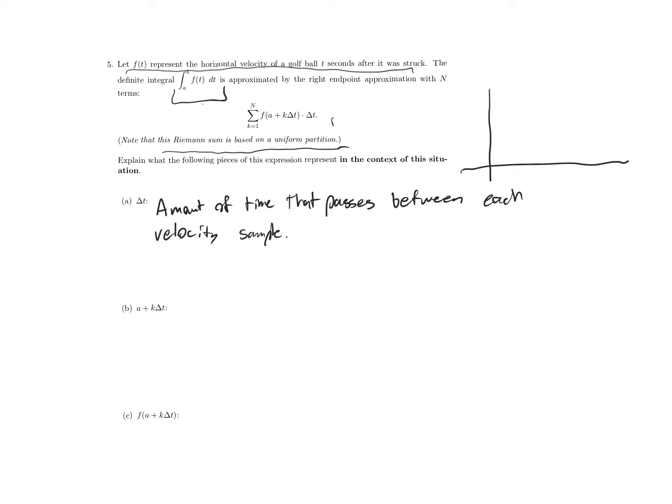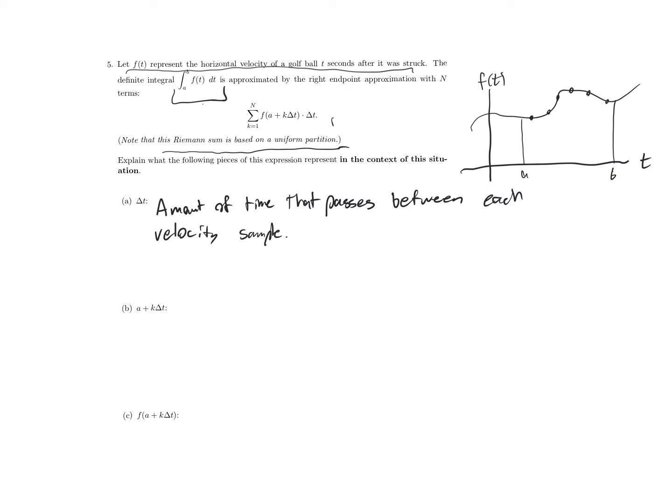I'm going to just sketch a graph. Let's say the velocity looks something like that. It definitely doesn't. And we're integrating from A to B, or summing from A to B here. This axis is time. This axis is f of t. If I knew the whole equation for this, I would probably just integrate it.